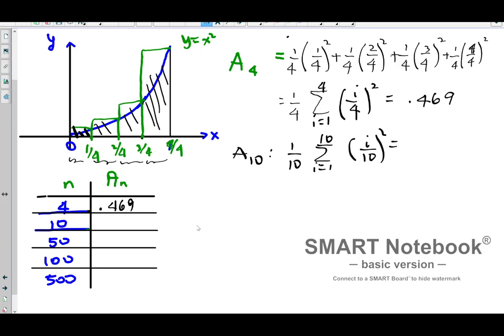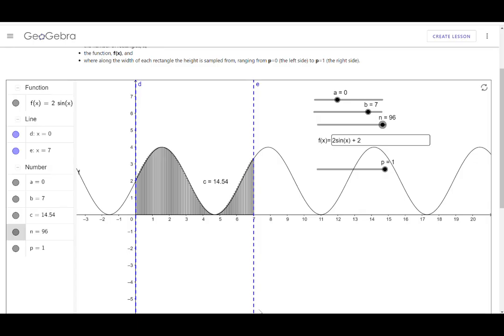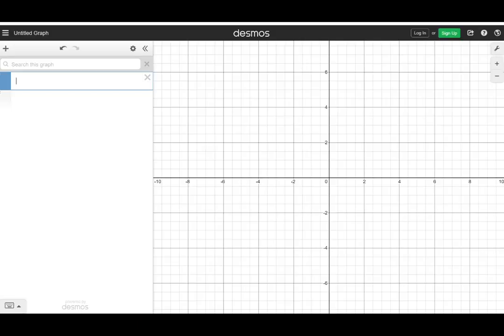If you don't have your graphing calculator handy, you can also just go to the Desmos graphing calculator, and right there, you could enter, let's say 1, for division I'm just using the slash notation, 1 over 10. And then for sum, I'm just going to write the word sum in letters, and it turns it into a sigma. And n goes from 1 to 10. And if you open a parenthesis, again, you could put i, x, whatever.